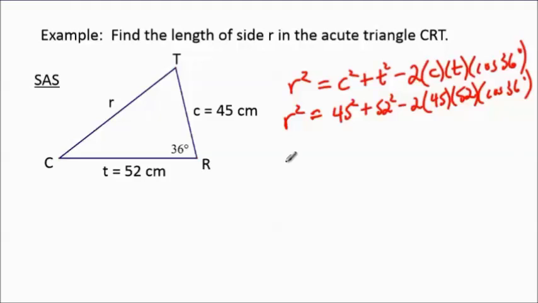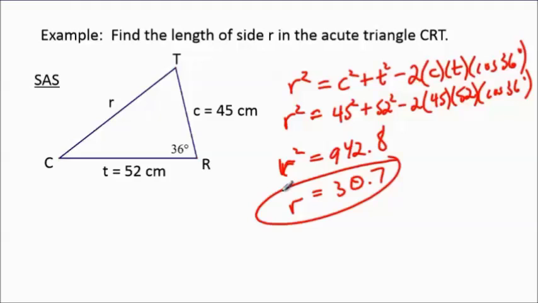So when I type all that in, I get R squared equals 942.8. Okay, so R is found by taking the square root of both of those things. The square root of R squared is R. The square root of 942.8 is 30.7. So the length of side R is approximately 31.